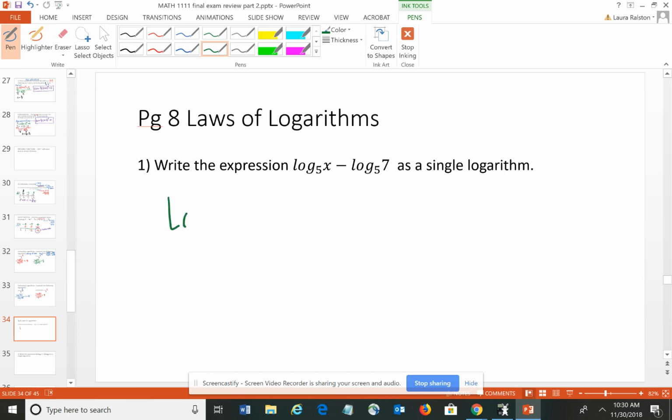So this would become log base 5 of x over 7. And that's your answer. Don't overthink it. Just apply the property. Subtraction is rewritten as division. Addition is typically rewritten as multiplication.